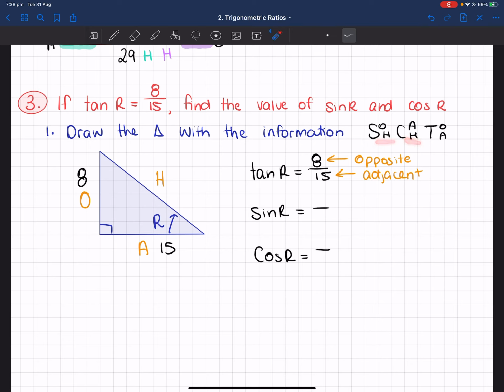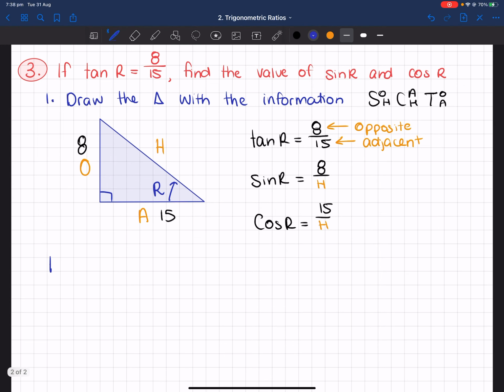So for sine, because we're still talking about angle R, we're still looking at the opposite, which is 8, over the hypotenuse, which is H. Then the last one, cos of R, is the adjacent over the hypotenuse. We know the adjacent is 15, but we don't know what H is. For us to find H, we can use Pythagoras.